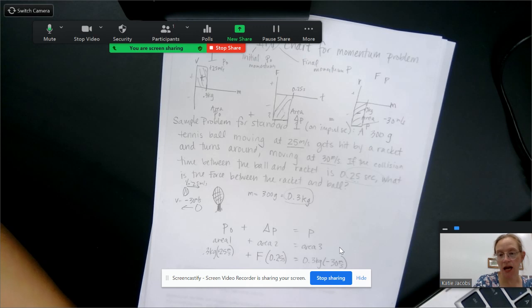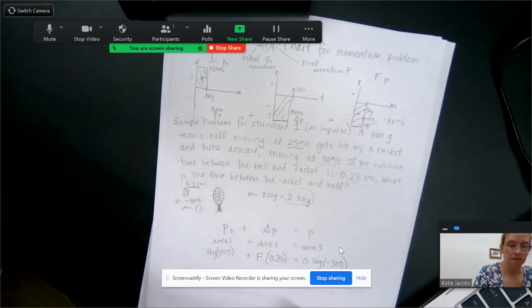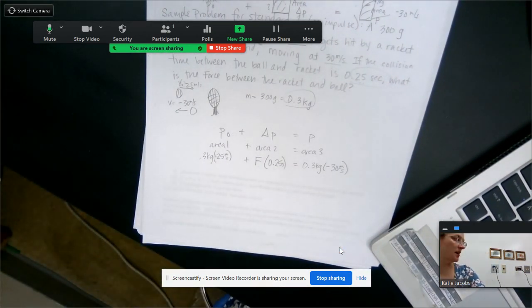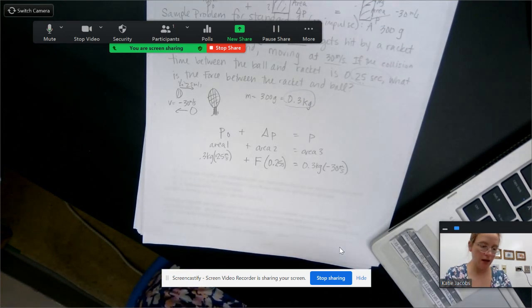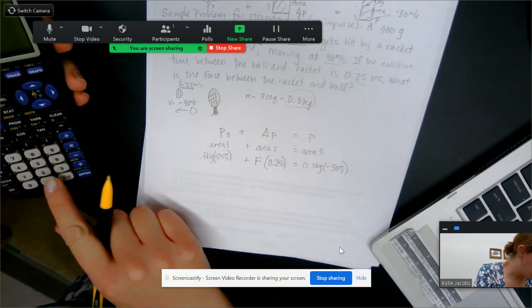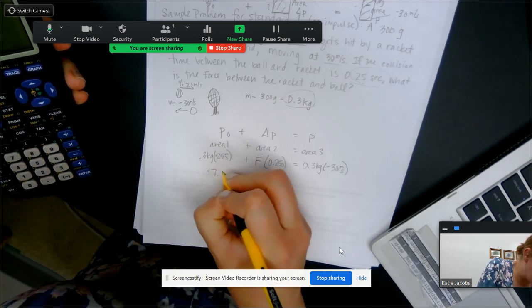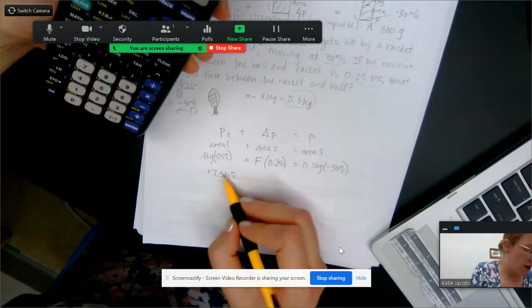Now it's an algebra problem where I'm solving for force. Let's solve this problem together. I did not come prepared with a calculator. Let's see if I have one. Yes. So 0.3 times 25 is positive 7.5 kilogram meters per second is the unit. Nothing cancels there.